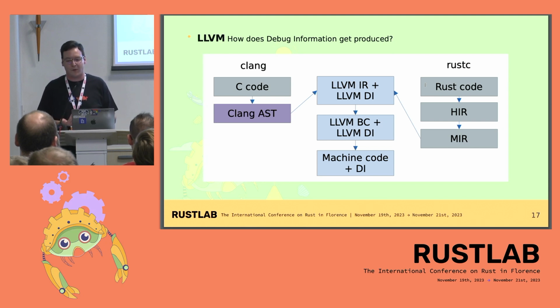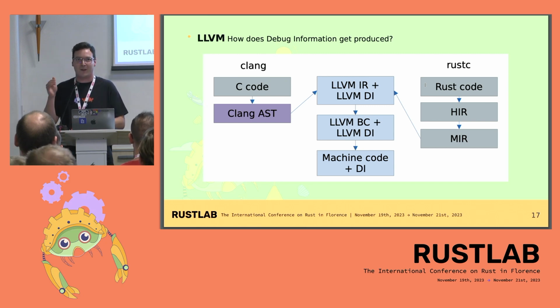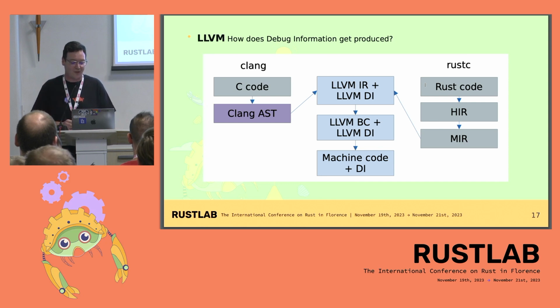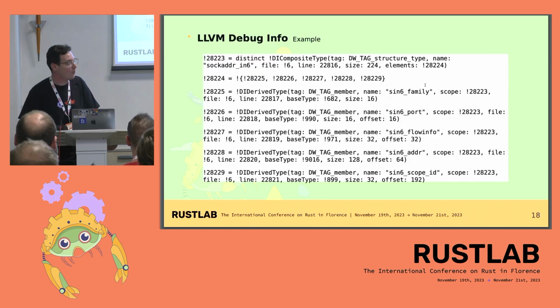LLVM debug info format is, I would say, compatible with DWARF. Sometimes people even just call it DWARF. If you dig into LLVM API internals, they have their own class structures and hierarchy to describe the debug information of your code. And it looks somehow like this.